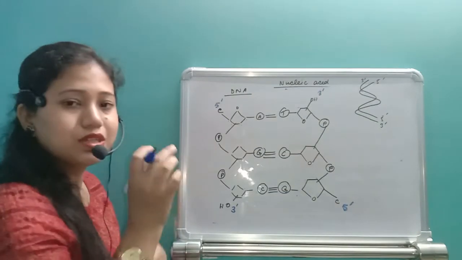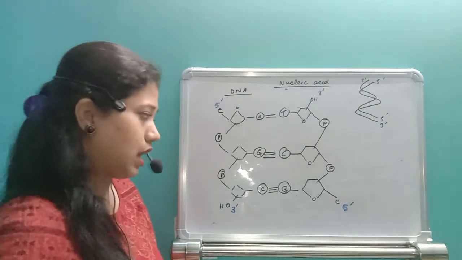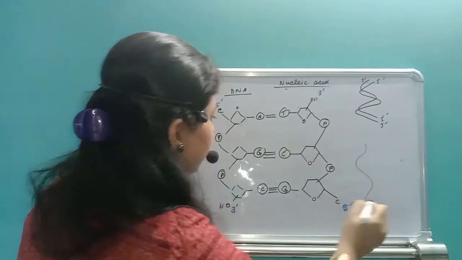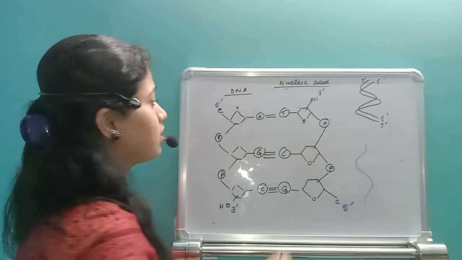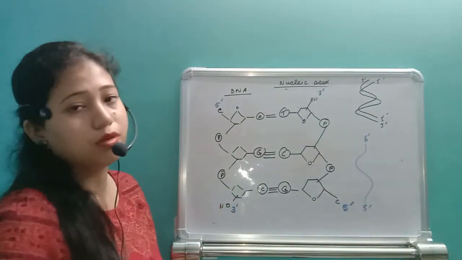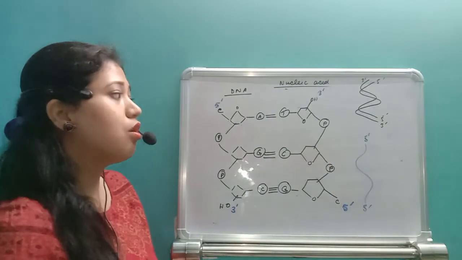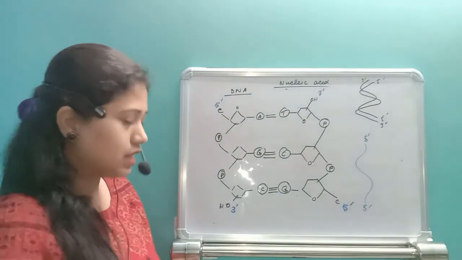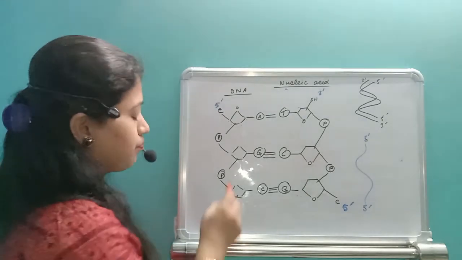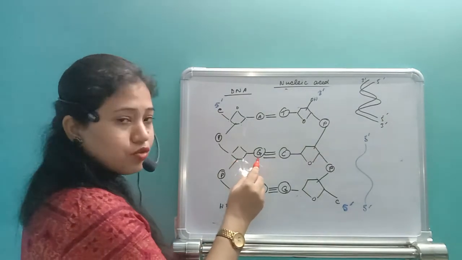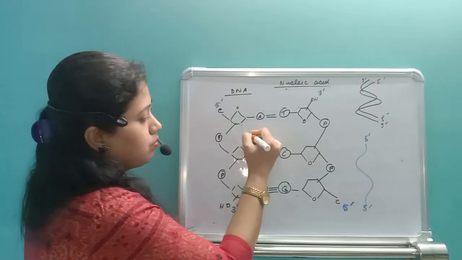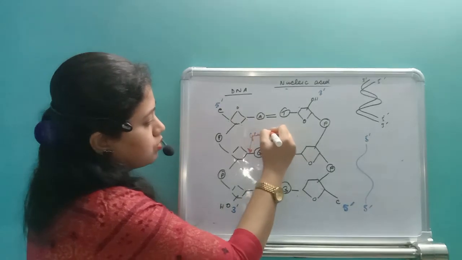Whenever you see a nucleic acid, either DNA or RNA, is it showing polarity? Yes. At one end we have the 5 prime and at the other end the 3 prime end. So this is how the bond formation takes place, and here we are going to see 3 different types of bonds. With the ribose sugar, the nitrogenous base is attached by, as I already told you, a glycosidic bond.